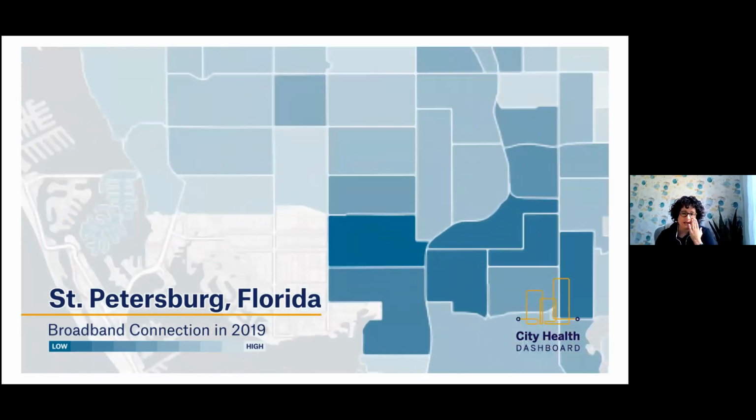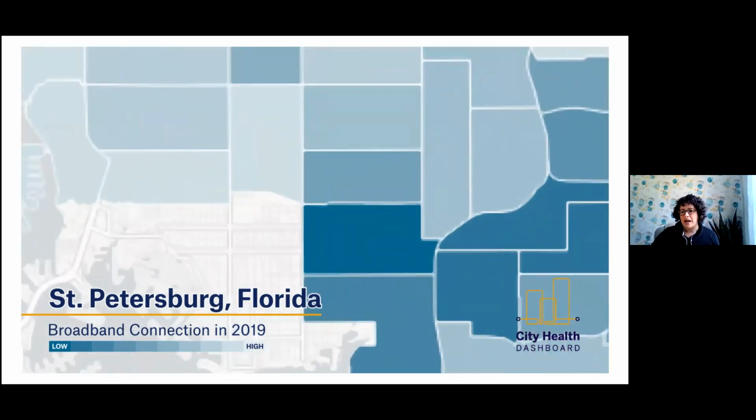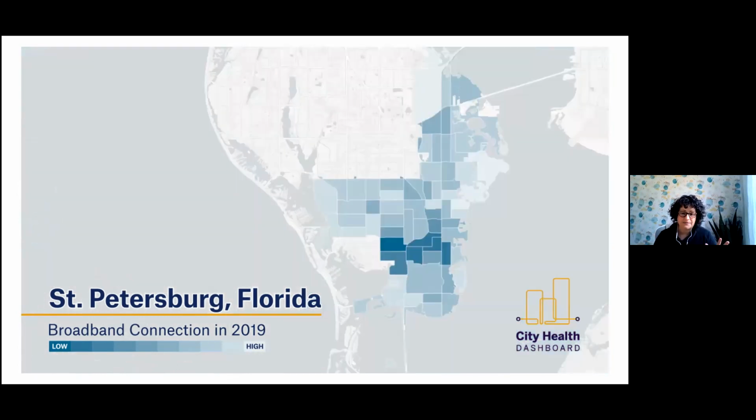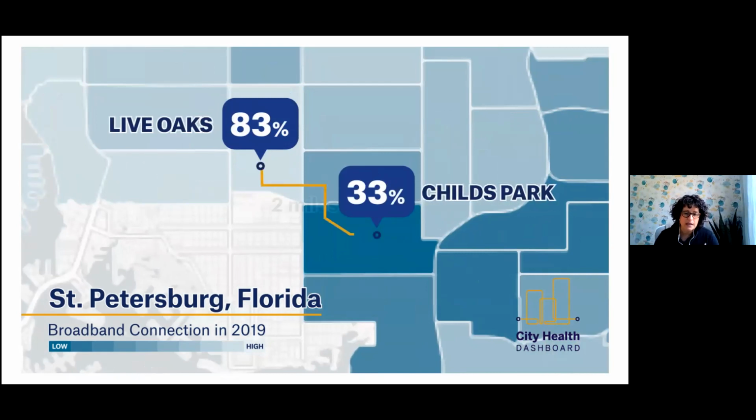So in this case, it can be a lot to take in, focusing on the variation of every census tract and their relative levels of broadband connection is what we're looking at here in St. Petersburg. So we've highlighted just 2 neighborhoods with their broadband connection rates to highlight how neighborhoods very close to each other can have such different access. And again, we're trying to do some of that brain work for the audience in a visually engaging way.